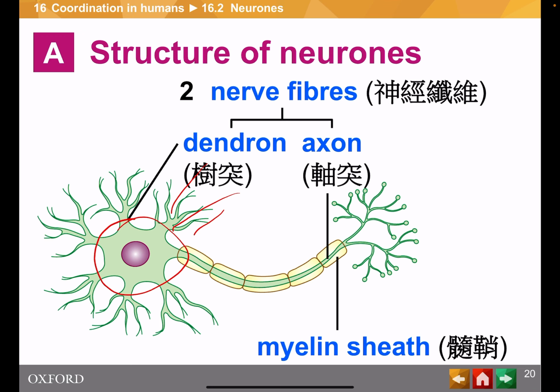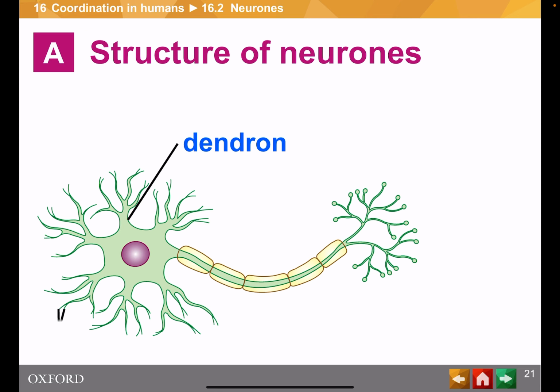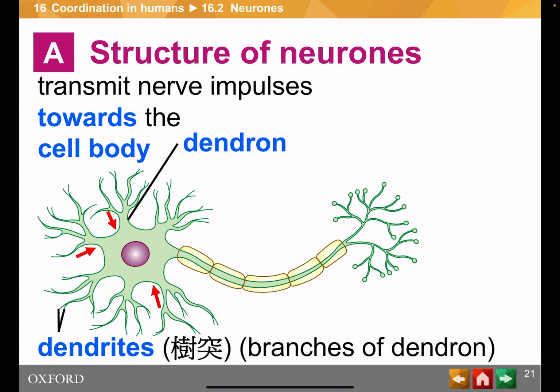What are dendrons and axons? Dendrons transmit nerve impulses towards the cell body. If you look at the red arrow, it indicates the direction of nerve impulse transmission. The nerve impulse usually transmits in one direction only.